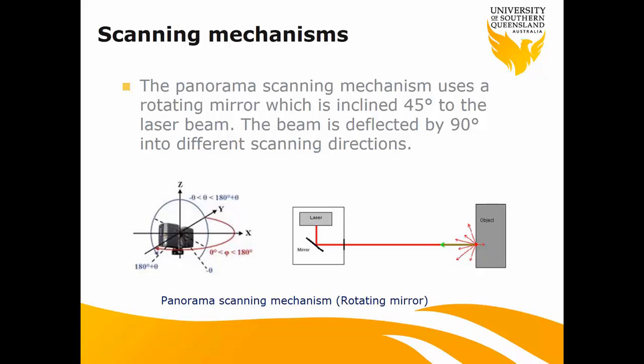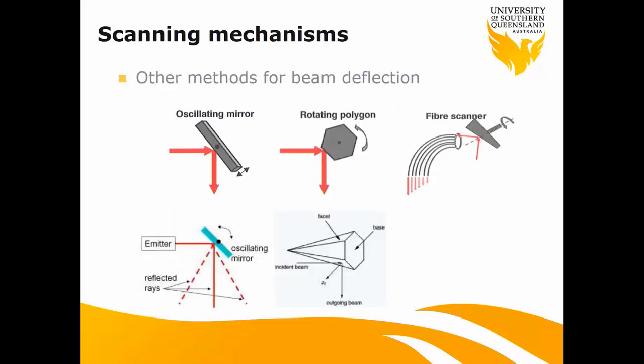So it is quite a commonly used deflection unit. For other beam deflection units, the first one is this one, the oscillating mirror.